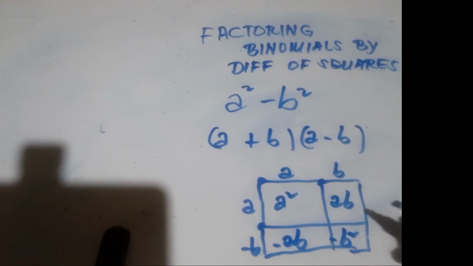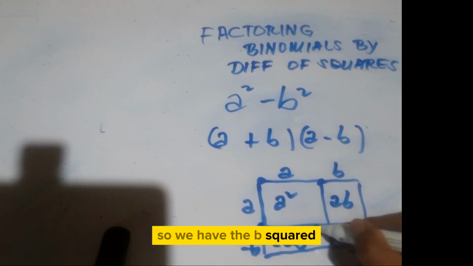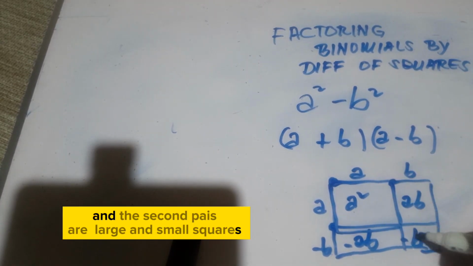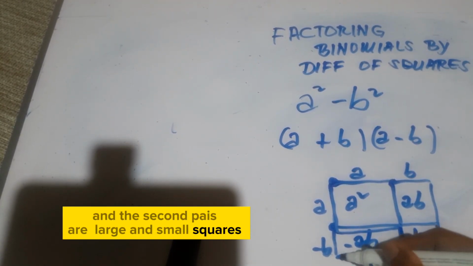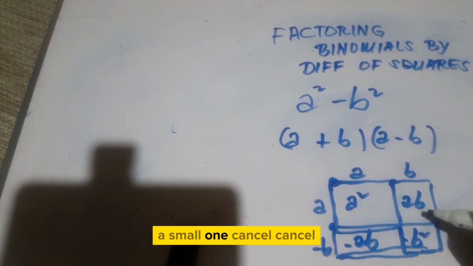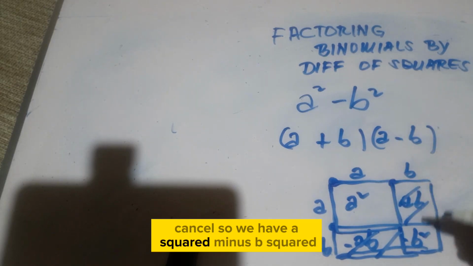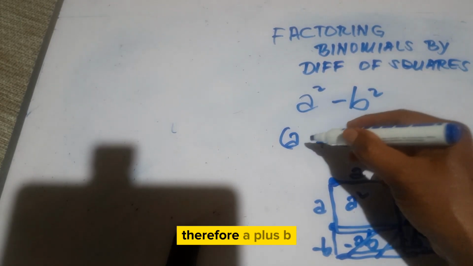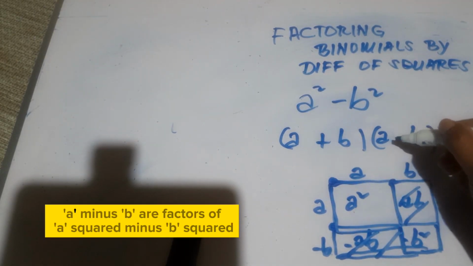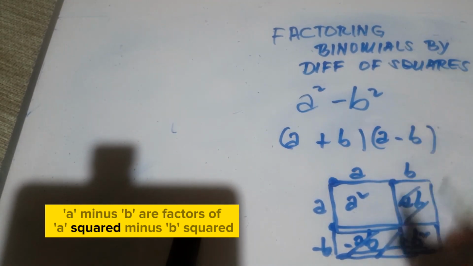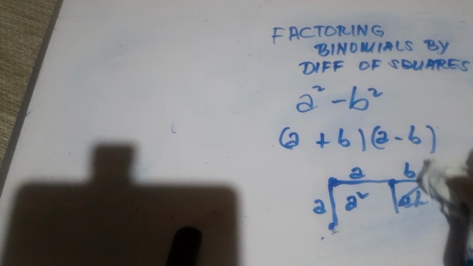So we have the big square, the first one, and the second one, the small square. The small one, cancel. So we have a squared minus b squared. Therefore, a plus b and a minus b are factors of a squared minus b squared.